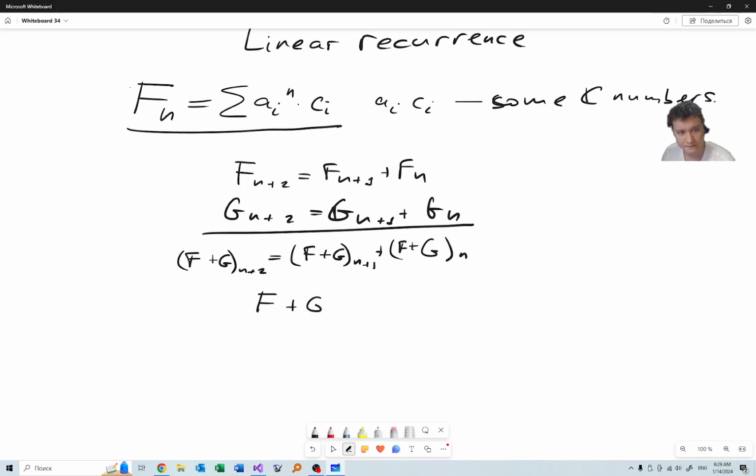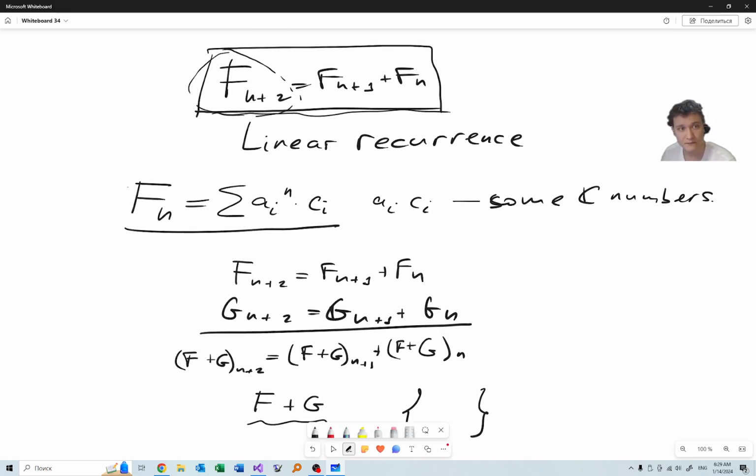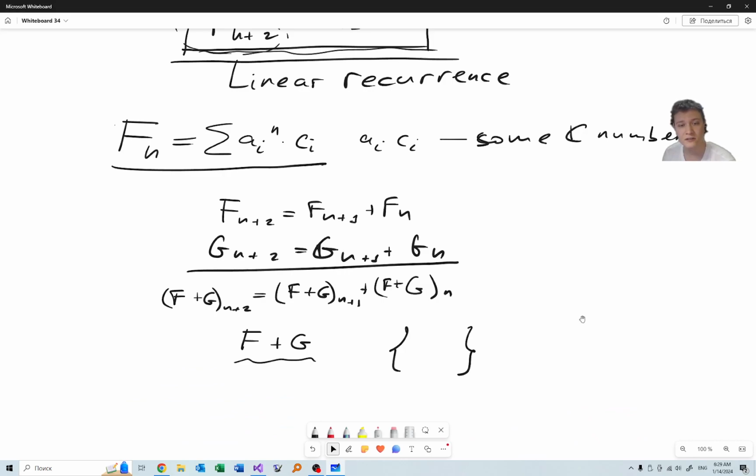What I want to say is, if we consider the set of all possible answers to this linear recurrence, then it is closed under usual linear operations such as taking the sum of two sequences or multiplying a sequence by alpha, where alpha is any complex number. So you can as well multiply this equality by some number, and it still holds.